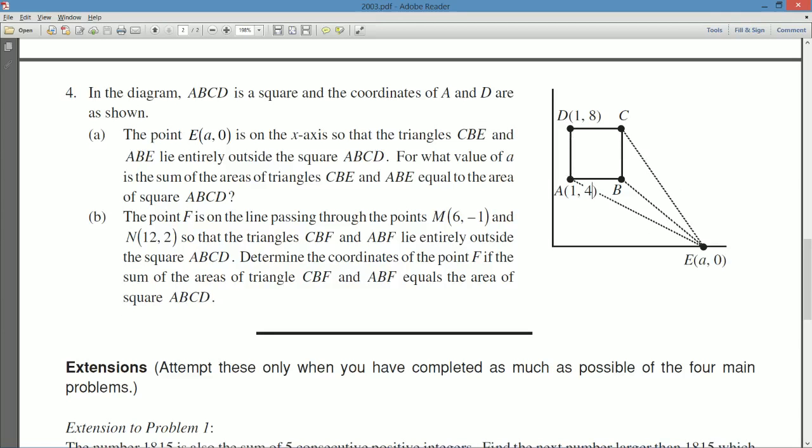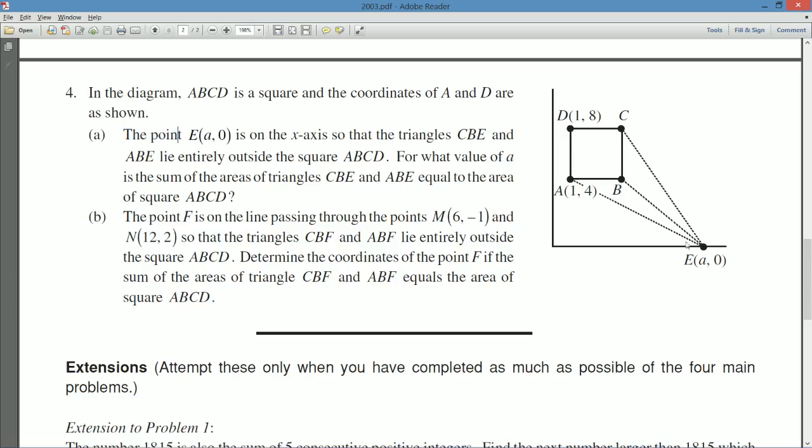And because AD is parallel to the y-axis, and it's going to have a right angle at A, then AB and DC are both going to be parallel to the x-axis. These are little things we can note and probably write down as part of our solutions, just to help us figure things out.